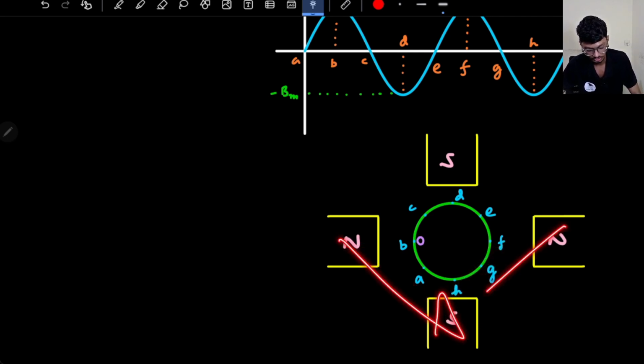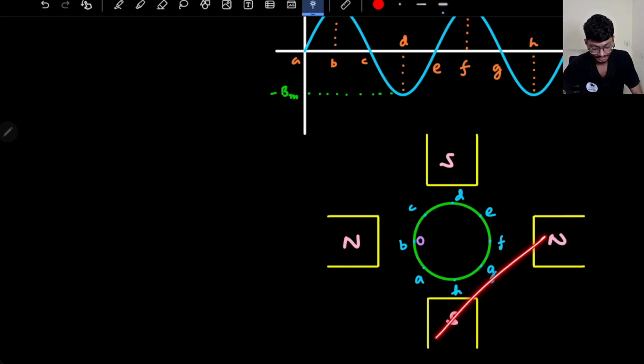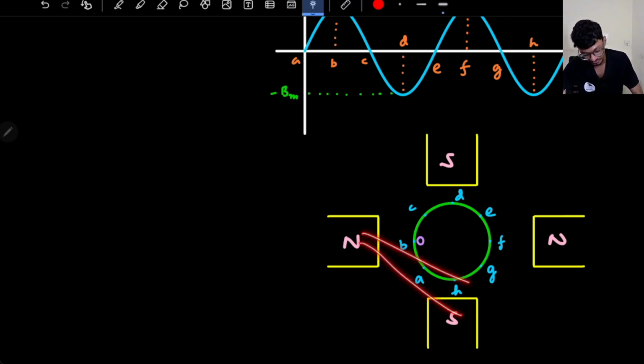From north to south there will always be a magnetic field. So where is 0 actually? Somewhere here the magnetic field is 0, because a very low amount of magnetic field will pass through here. I am assuming this point A to be the point where the magnetic field is 0.